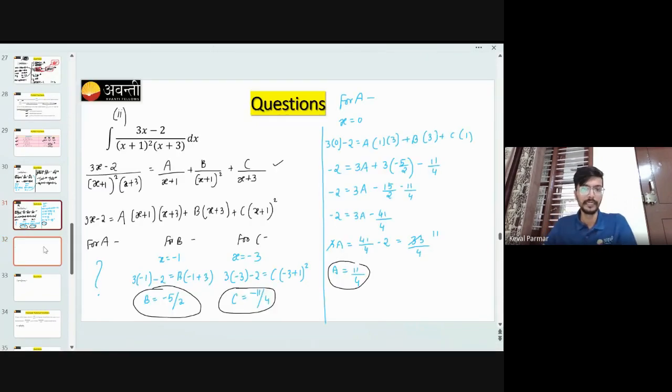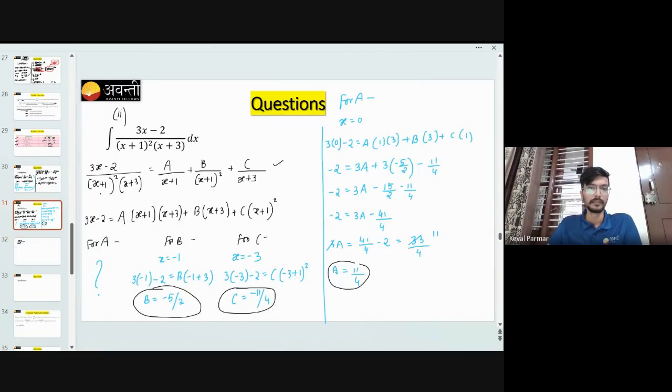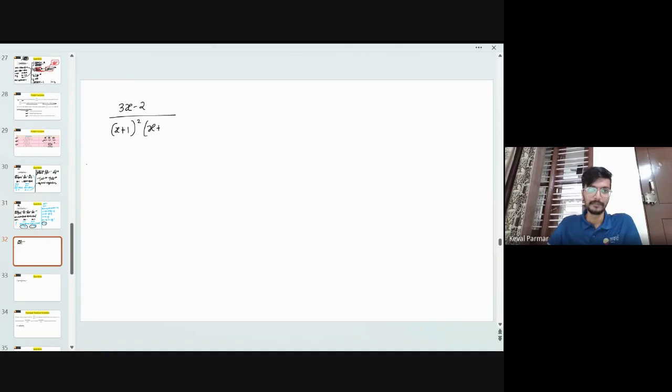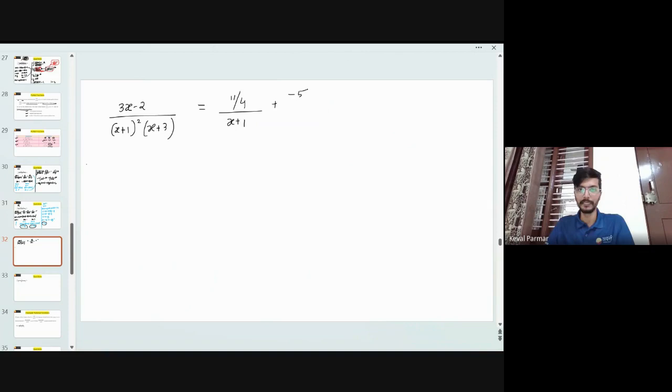So what will I get? 3x minus 2 upon (x plus 1) the whole square into (x plus 3) will be equal to A, 11 by 4 upon x plus 1. Then B was minus 5 by 2, so plus minus 5 by 2 upon (x plus 1) the whole square, plus C was minus 11 by 4, minus 11 by 4 upon x plus 3.